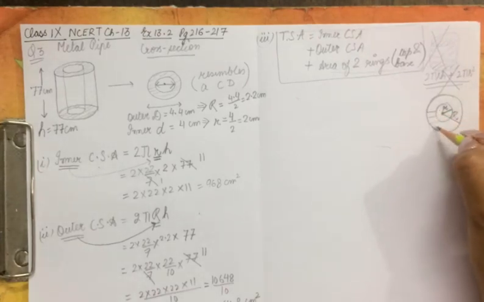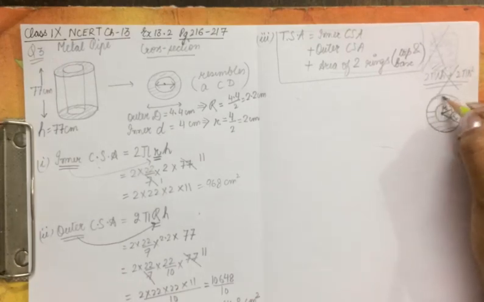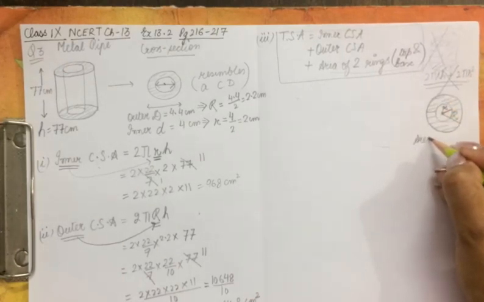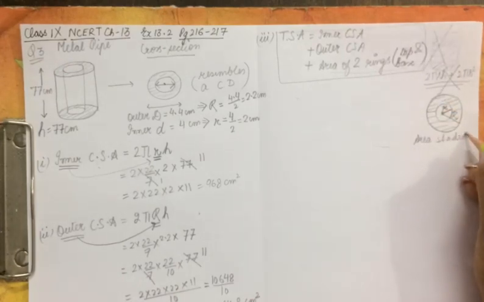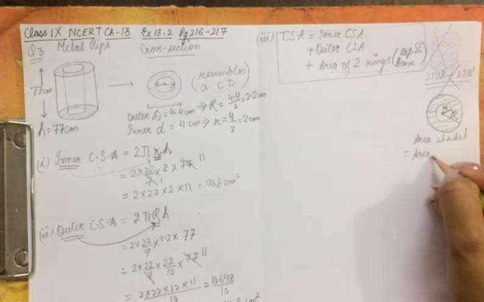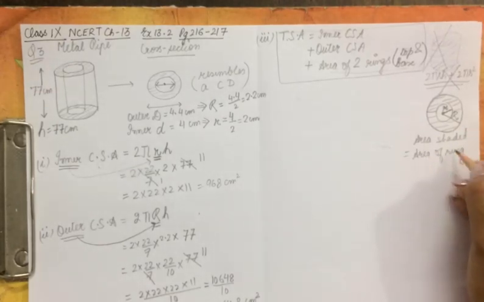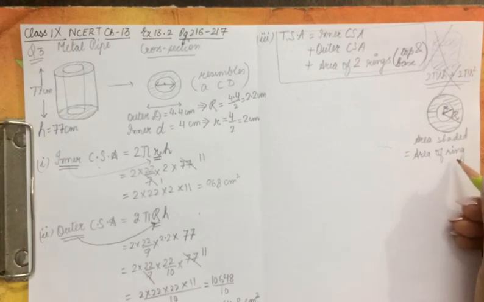So if we want to find out the area of this shaded portion, so the area shaded is actually the area of a ring. This is also called the area between the boundaries or the circumferences of two concentric circles.